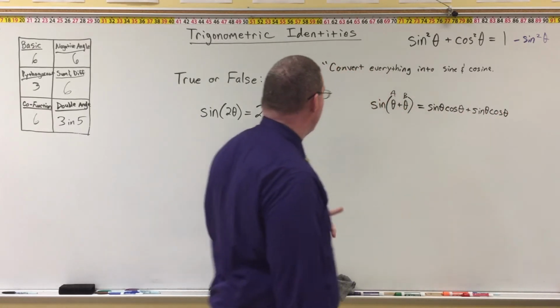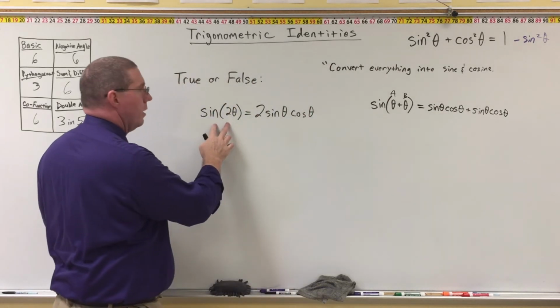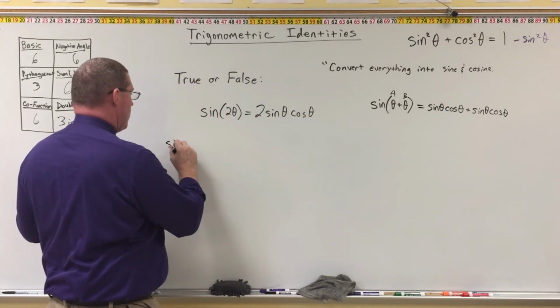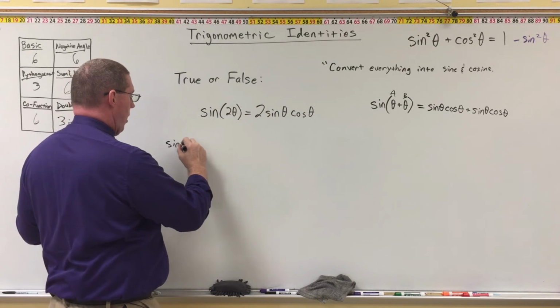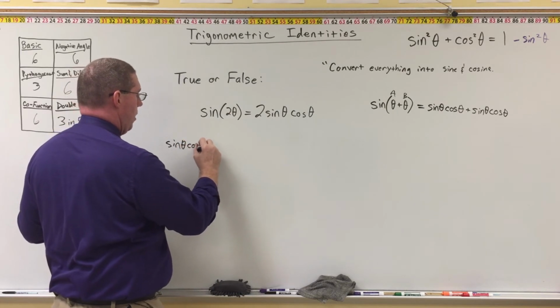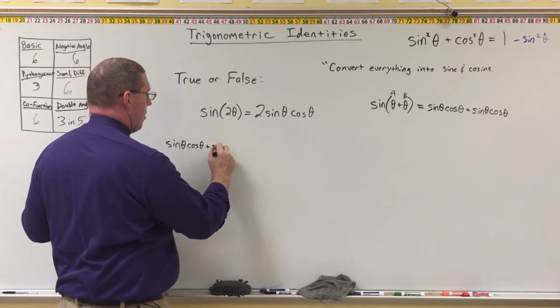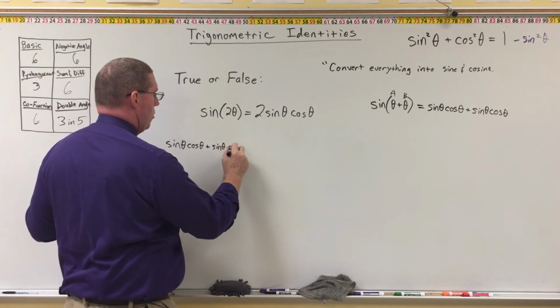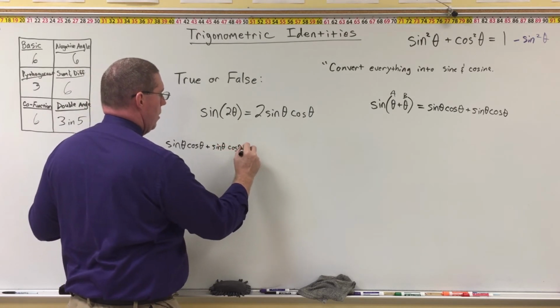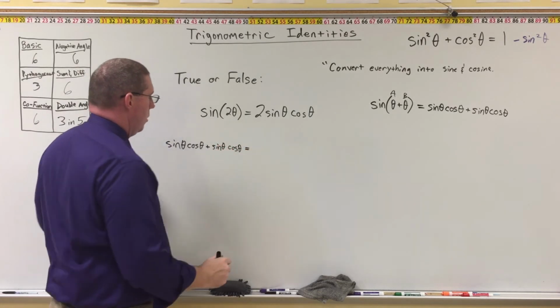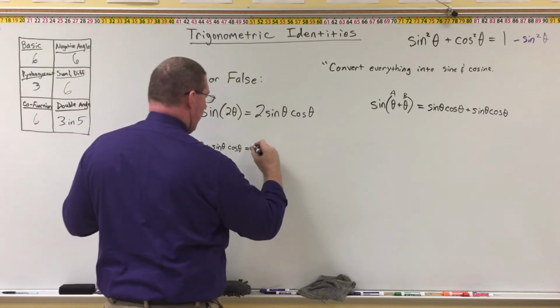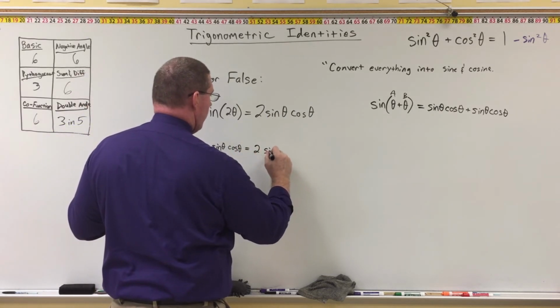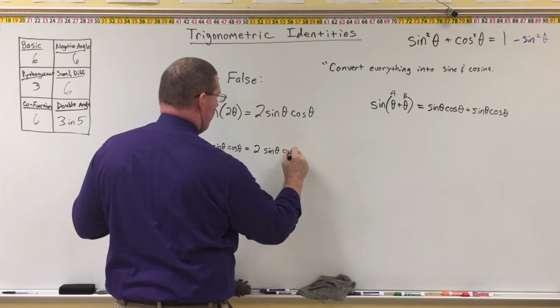So look what we have here now. Over here, I'm just copying from there over to here, sine of theta, cosine of theta, plus sine of theta, cosine of theta is equal to, carrying this down, 2 sine of theta, cosine of theta.